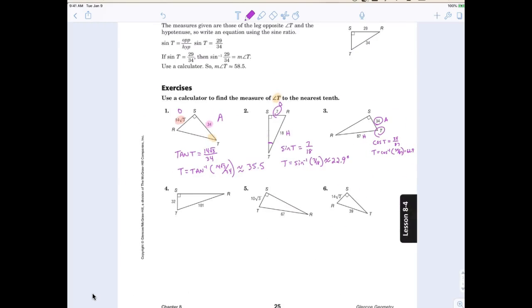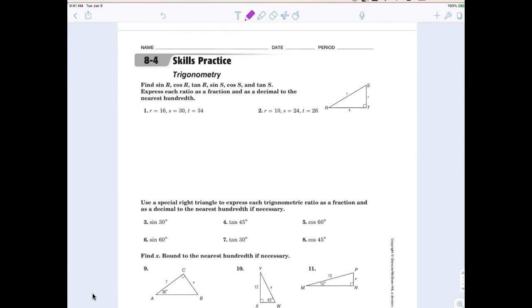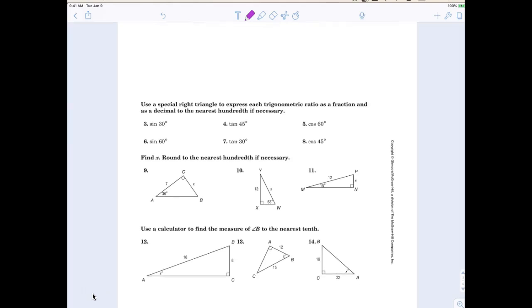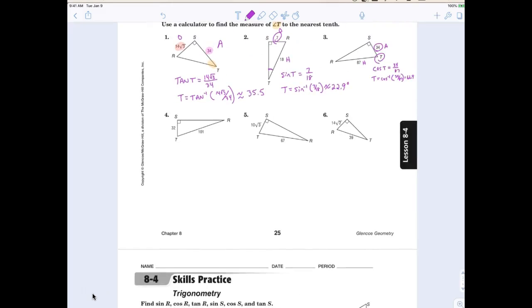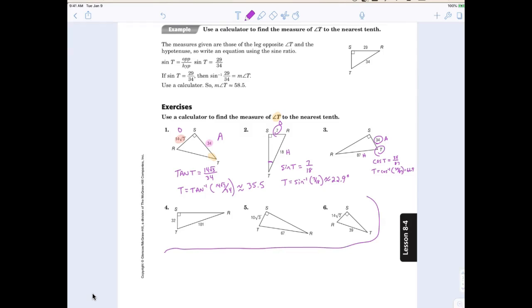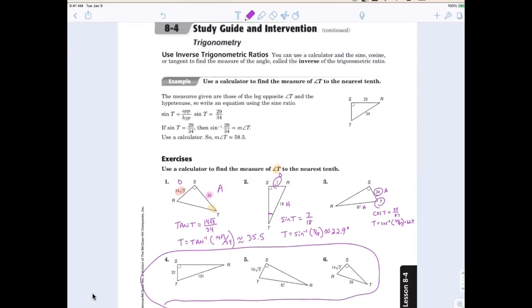Now I'm trying to see if there's anything more difficult. Okay, now, how much time do we have? 1 minute. Okay. So here is your responsibility for tonight: 4, 5, and 6. Finish that out.